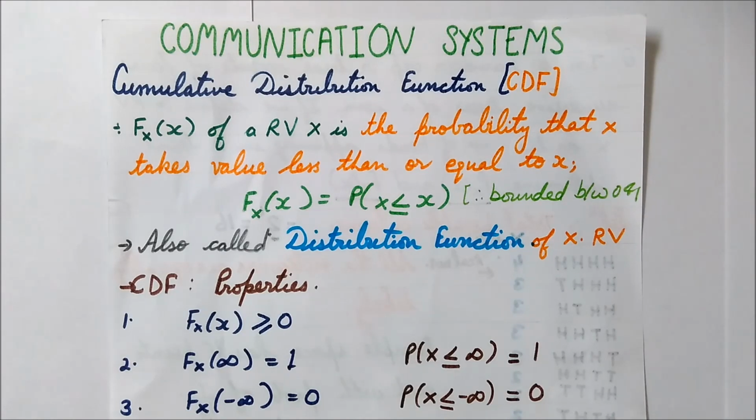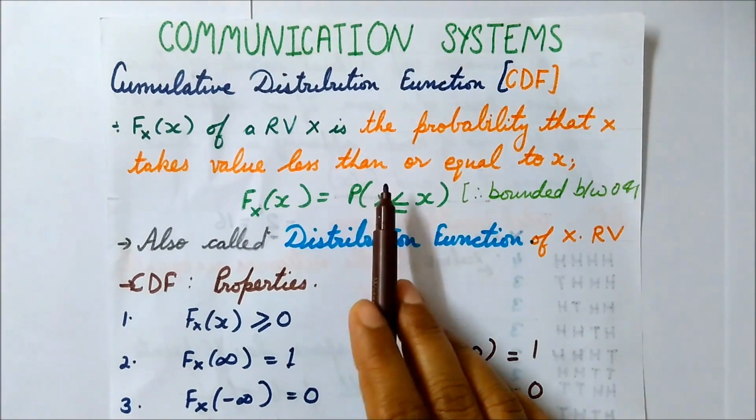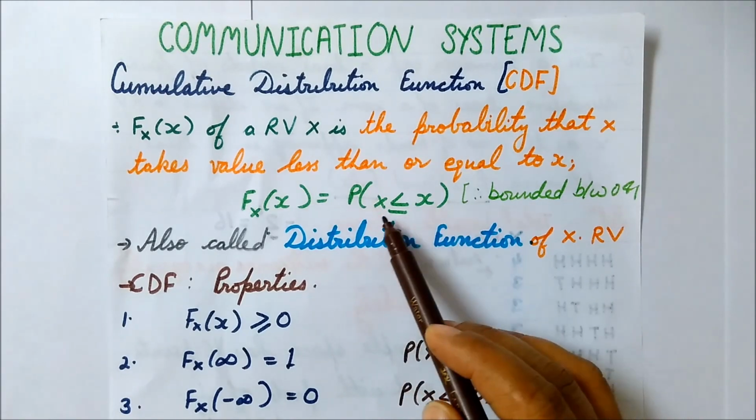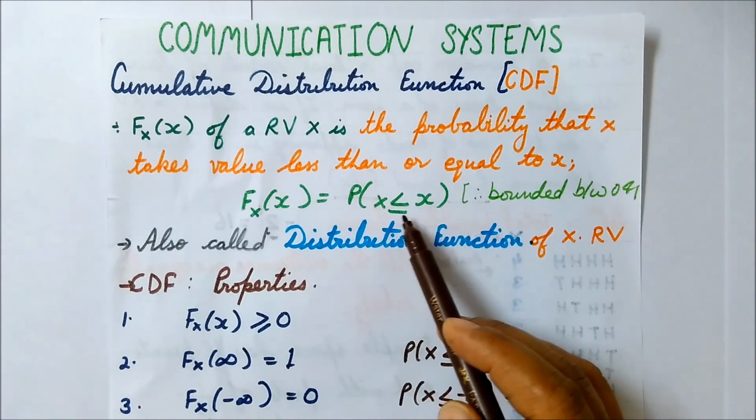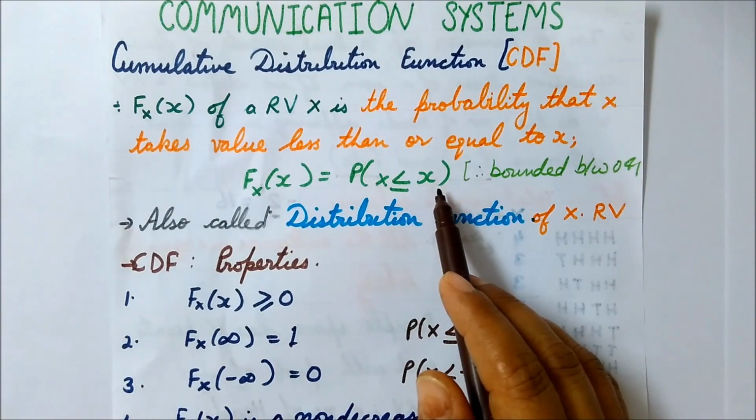Let's say there is a probability that a random variable has a value equal to or less than x in any random experiment. This probability is written as P, and inside the bracket we write that the random variable has a value less than or equal to small x. The small x is actually a dummy variable.